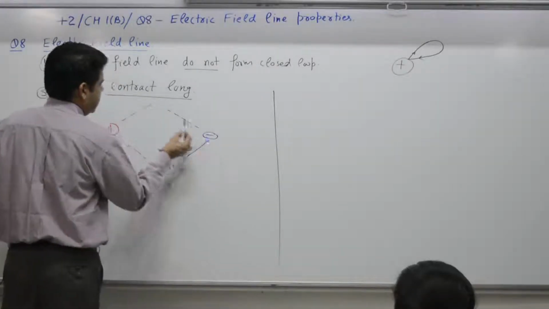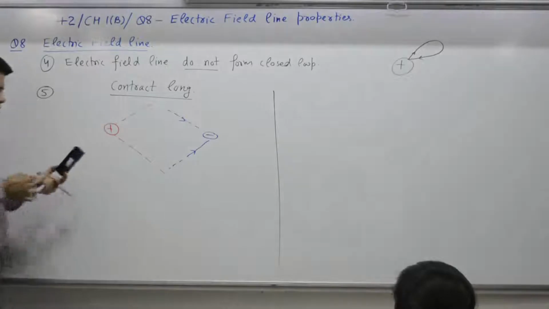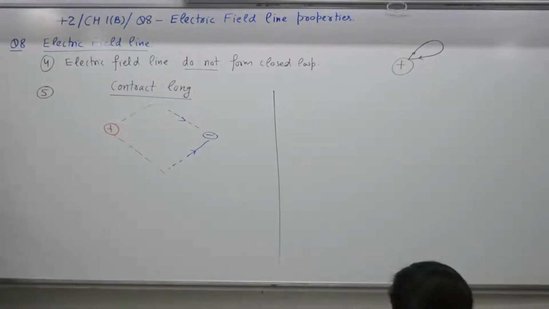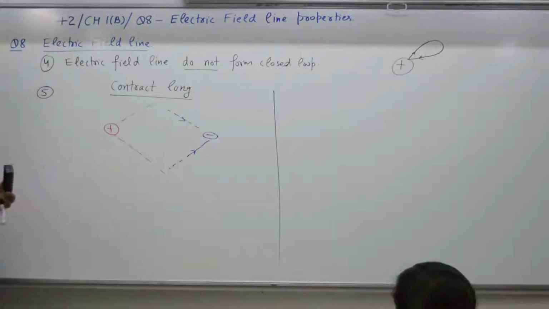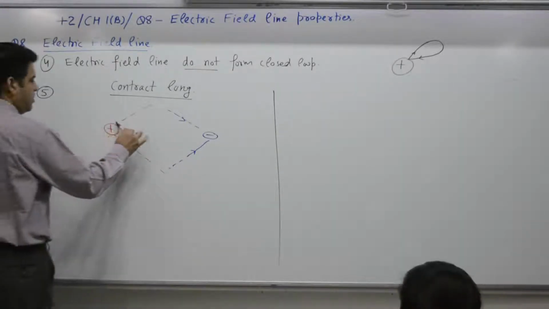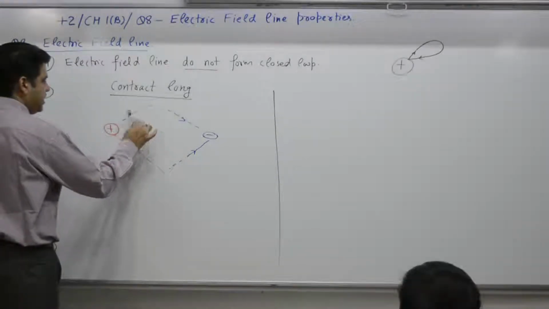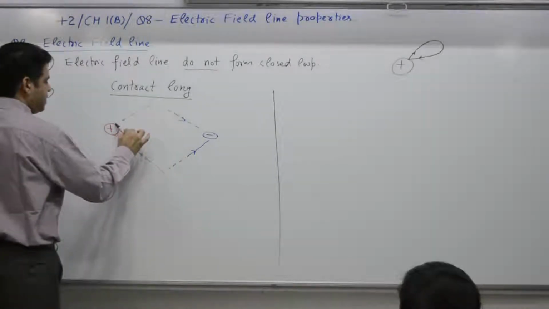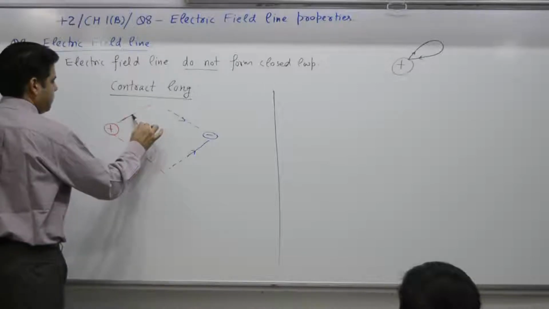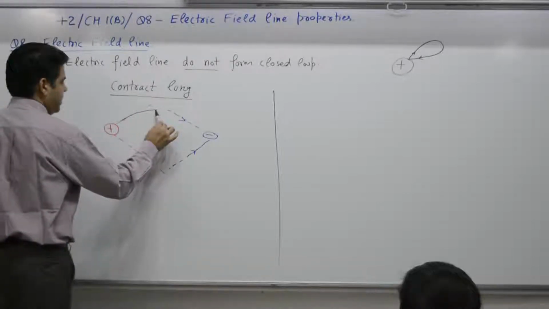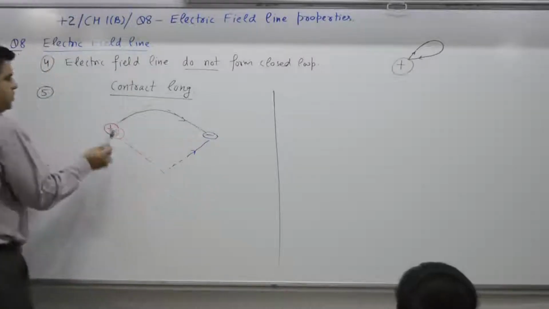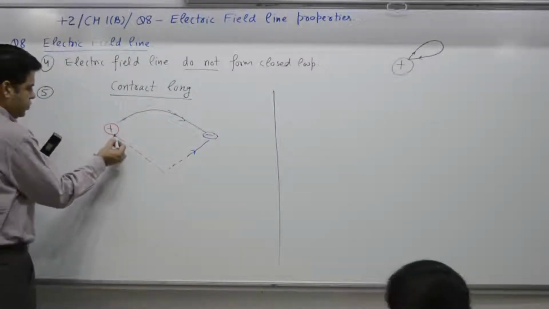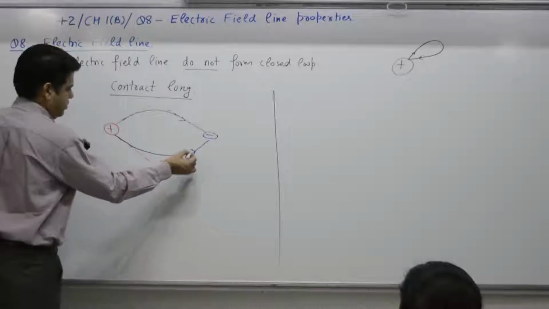If you extend them, it appears the two will cross, but two lines won't intersect. So what is the solution to this problem? The solution is that it is not that the two cross each other, but one line and another line merge like this. Similarly here also, it will merge like this.